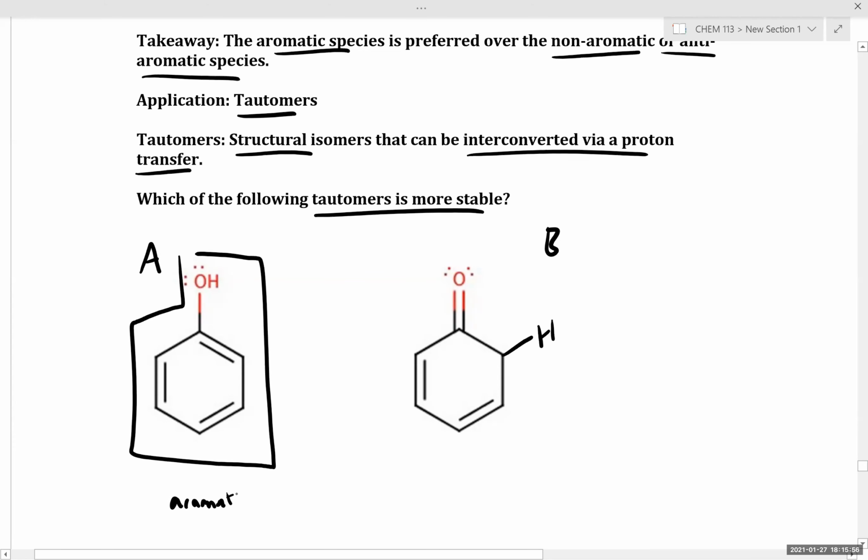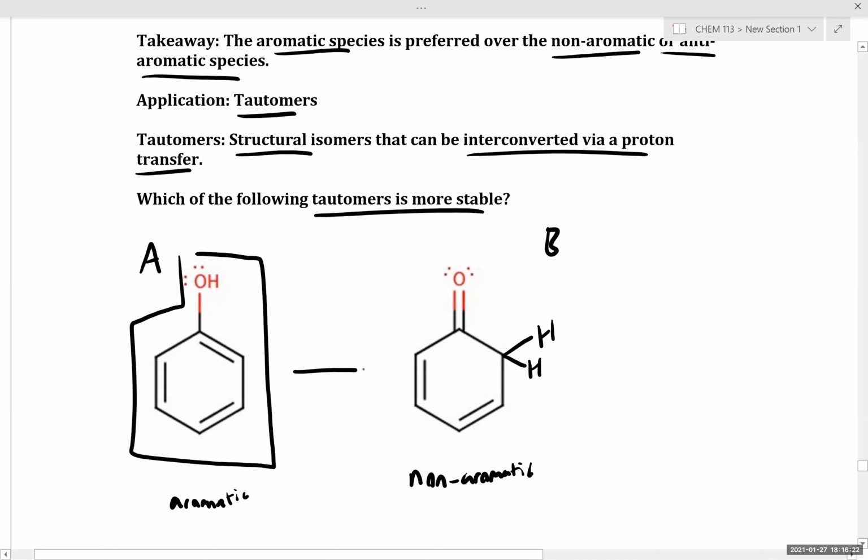A is an aromatic system, and this aromatic ring is quite stable and low in energy. If we compare to structure B, is structure B aromatic? No, exactly right. It's non-aromatic. The responses in the chat look perfectly reasonable.